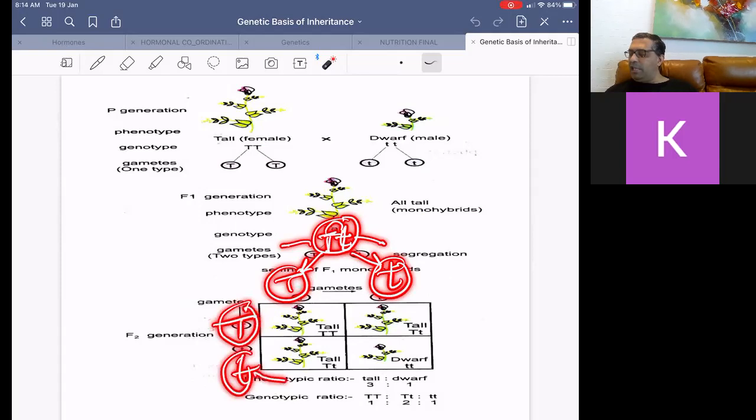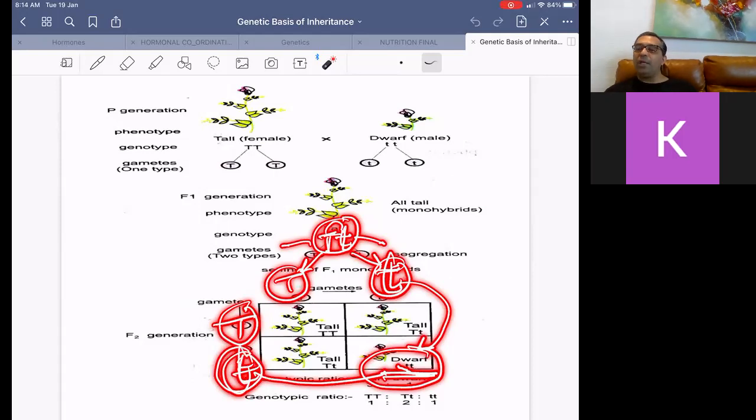And small t से there was reappearance of a recessive dwarf in the F2 generation. So, reappearance of the recessive dwarf in the F2 generation clearly proves that the gametes small t are pure for dwarfness.